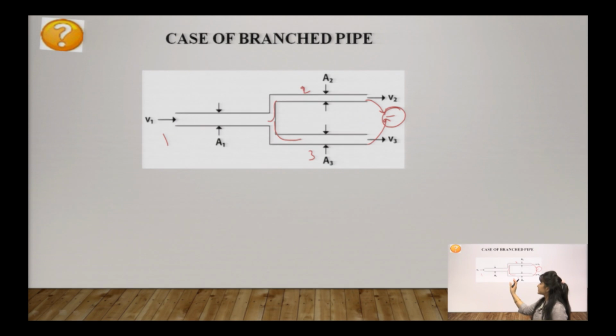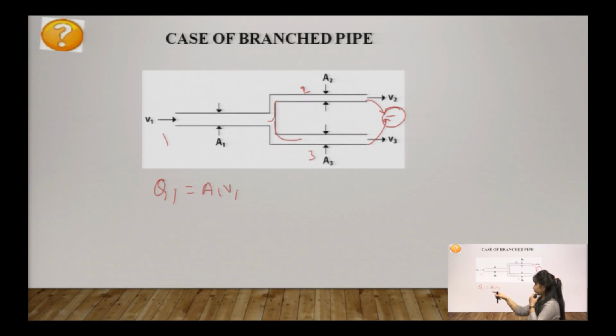Calculation wise, one pipe with a velocity V1 having a cross sectional area A1 is being branched into two sections. First of all we need to calculate the rate of flow through this pipe having velocity V1 and A1. Q1 will be equivalent to A1 V1.